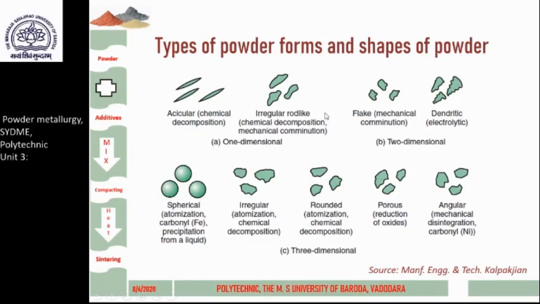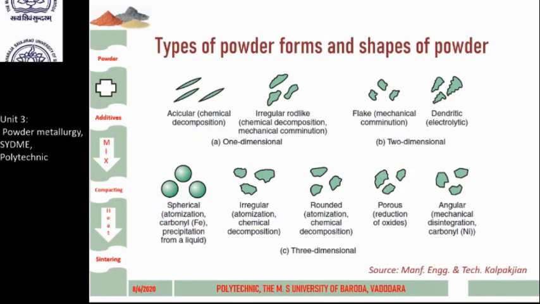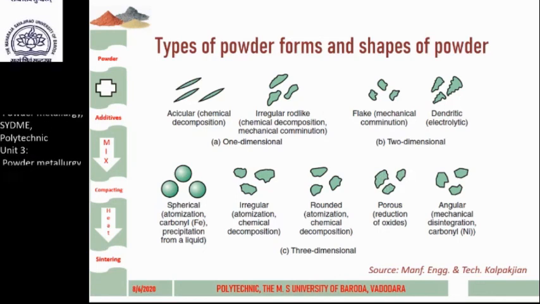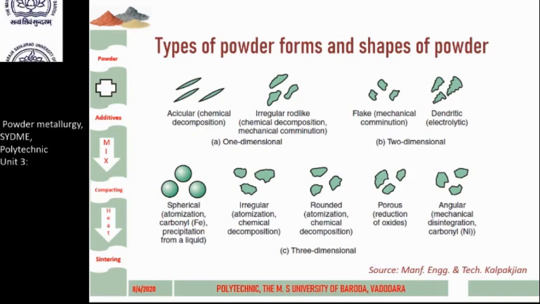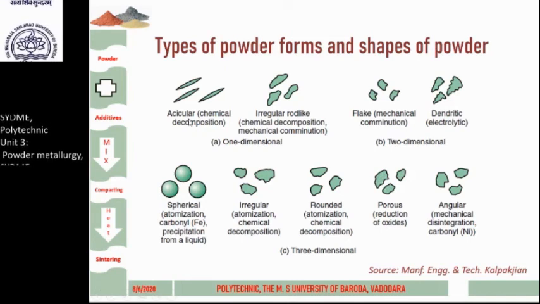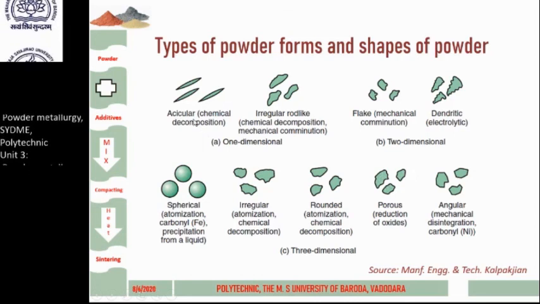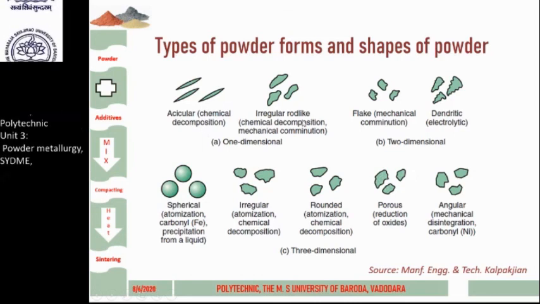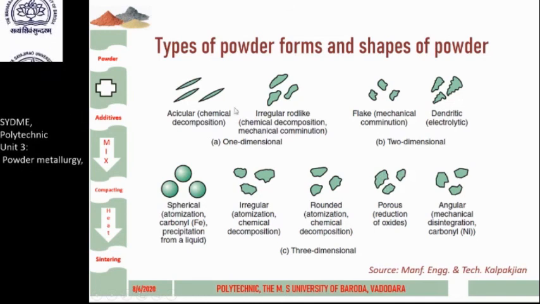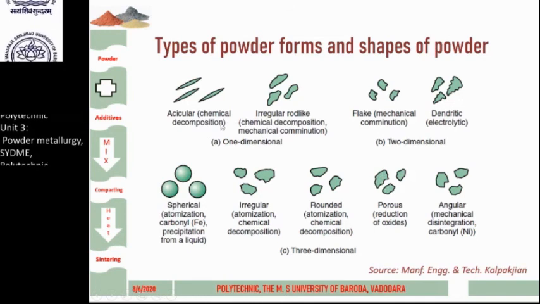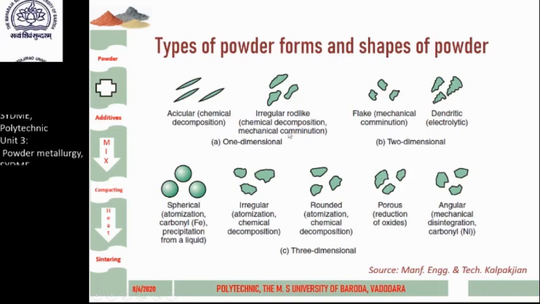Okay, so quickly going through one more slide wherein I would like to give you brief information about the different shapes and forms of the powder. Powder can be circular, it can be irregular, rod shape, from chemical decomposition and mechanical combination. This bracket indicates the process that is used for making the powder.